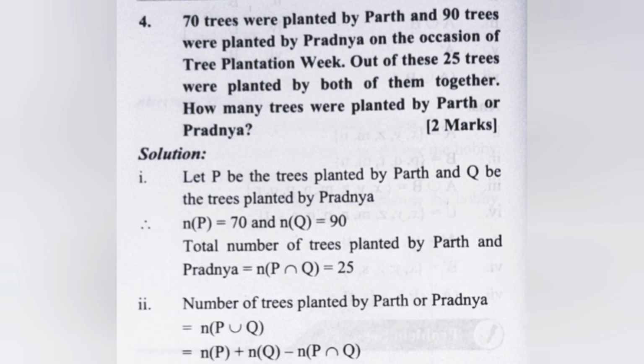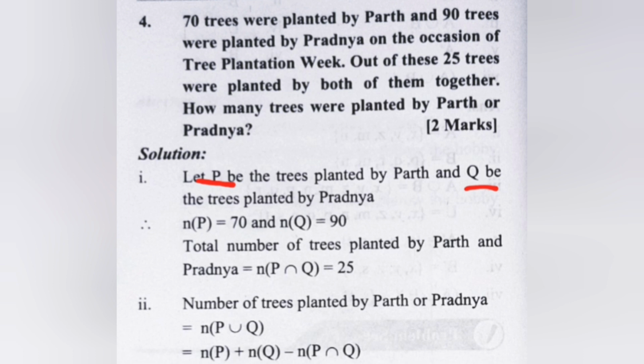Okay, so solution: let P be the trees planted by Parth and Q be the trees planted by Prajna. Okay, so this is we are taking as P and this set is Q. So number of P is equals to 70. Yes, it is given. Number of Q is equals to 90. This is also given.